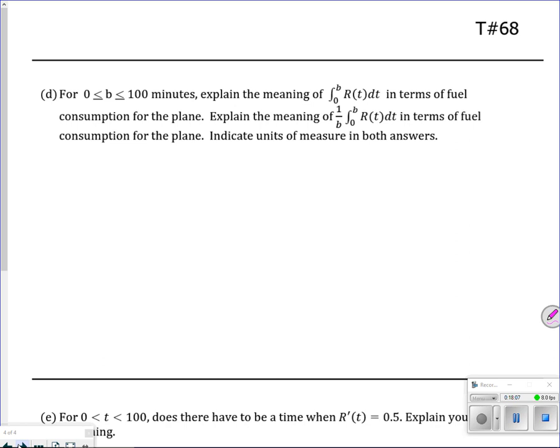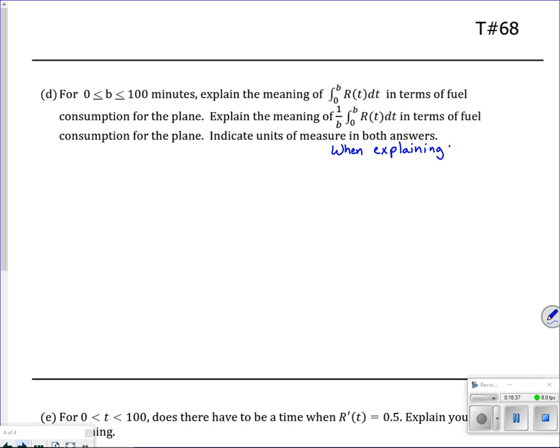For B going from 0 to 100 minutes, explain the meaning of the integral from 0 to B of r of t in terms of the fuel consumption for the plane. Okay. Well, let's remember this. If you are explaining, okay, let's just write this down because it's the first time we're doing this. When explaining, you need 3 things.